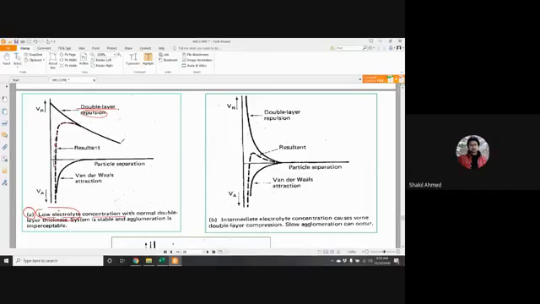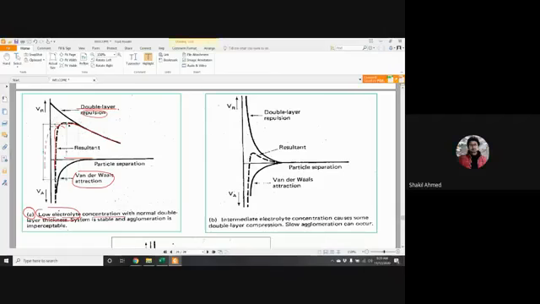Initially it was repulsion, then it starts decreasing. Then at very close distance, that means D is very small, who dominates? Van der Waals force of attraction. At a larger distance, who dominates? Repulsion. This is the resultant.